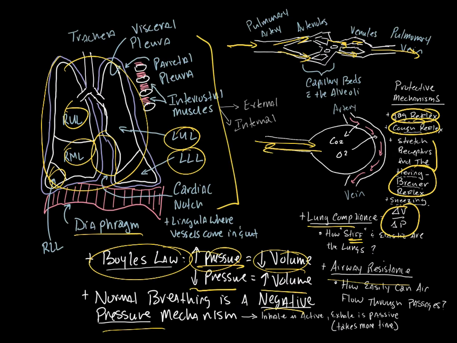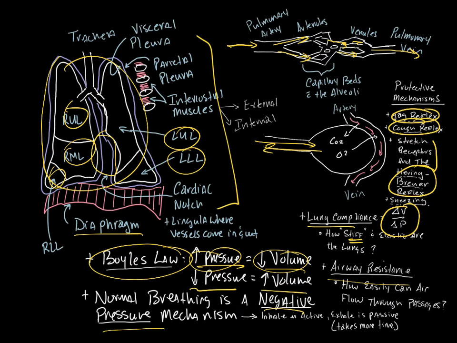So when lungs are poorly compliant, a low compliance, that means it is very difficult to get the lungs to inflate or to expand. Are you guys okay with that? That is poor compliance. Lungs that are too compliant are open and floppy, and they don't want to go back to their normal size.